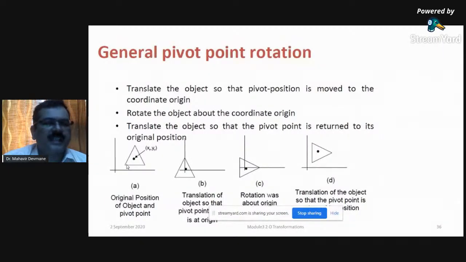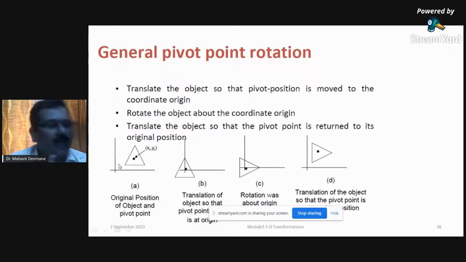It is not necessary that it should always be within that particular object. It is possible that I want to rotate this triangle with reference to this point. Here, if I have to rotate with reference to this point, I have to take it to the origin. The same procedure I have to follow.